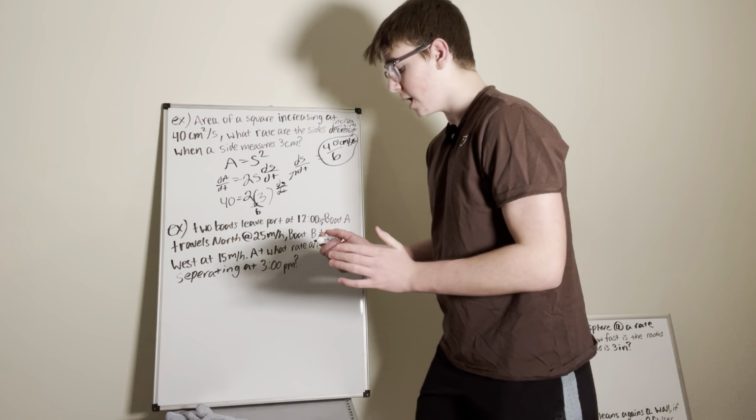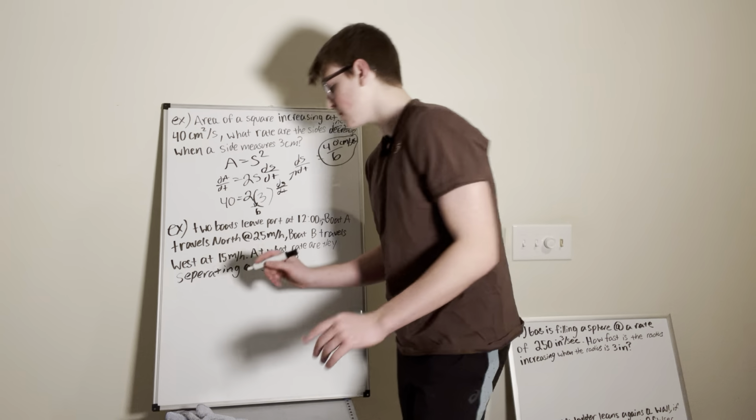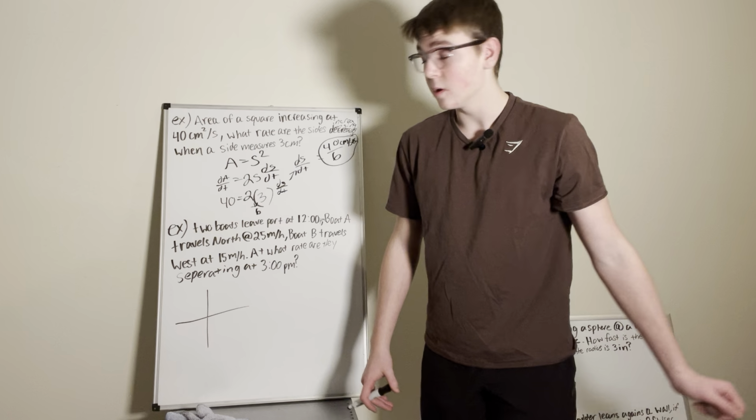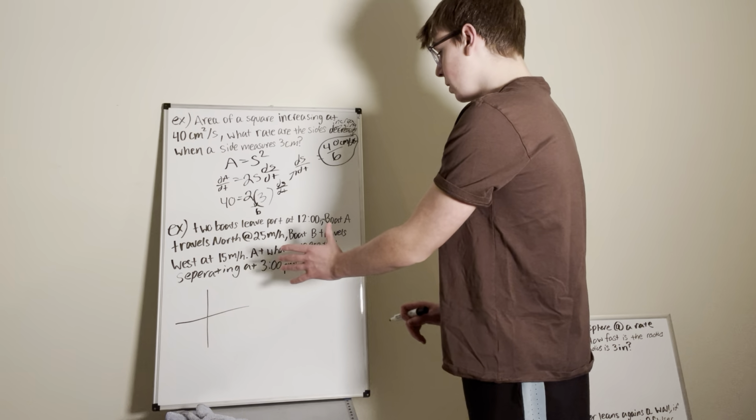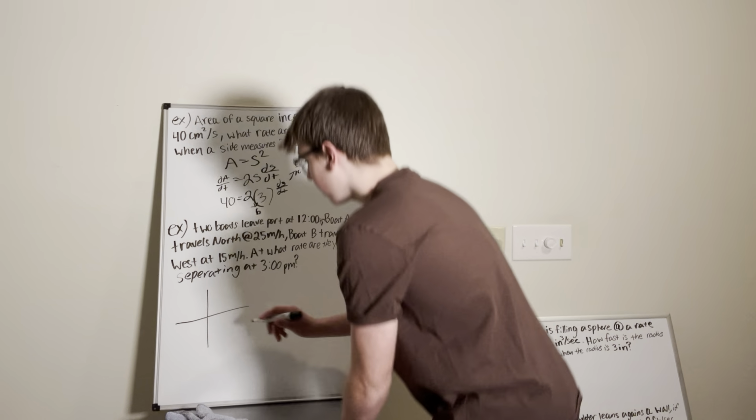Okay, so here we have one of these coordinate problems, which I really don't like, but it's simple because we were just given north and west. Those are easy, but if we were given something like north 30 degrees, that'd be a bigger problem that I don't want to solve right now. So boat A is traveling north, right?